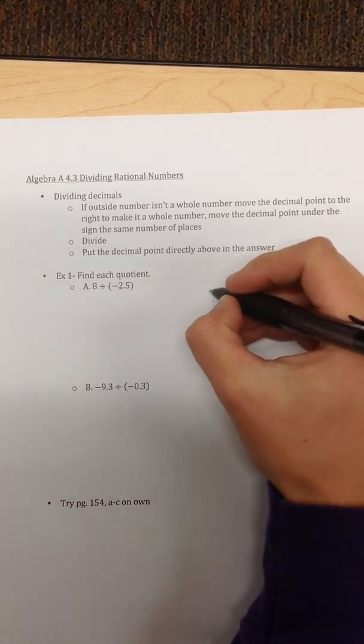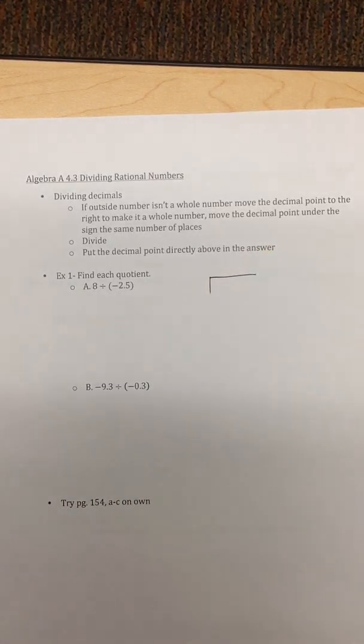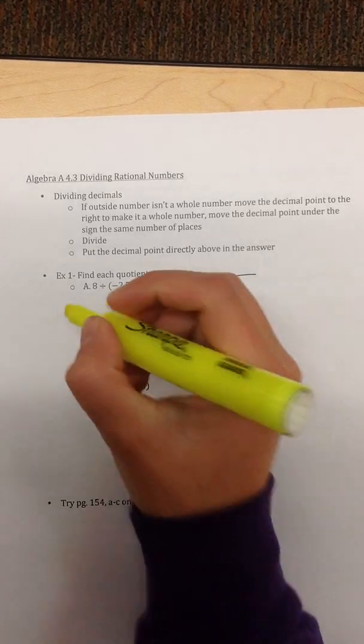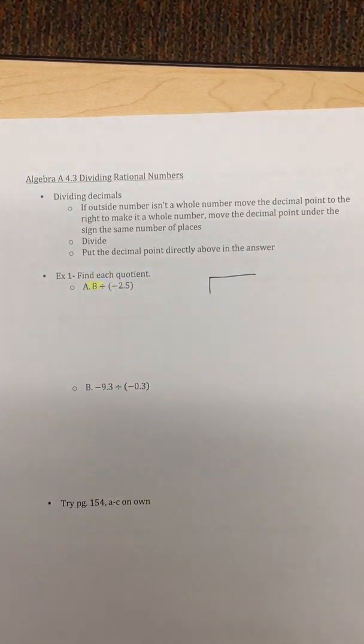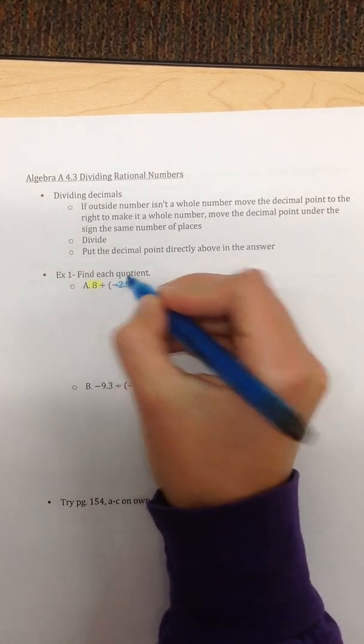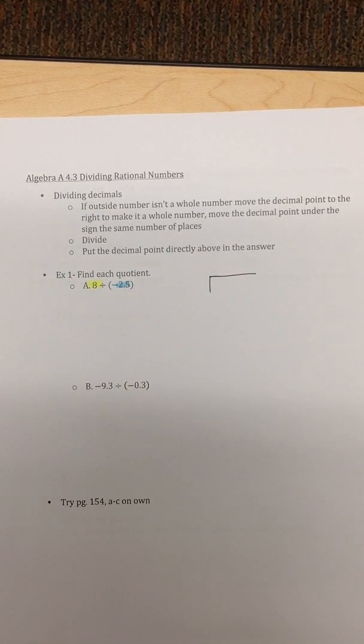So we're going to do long division. We do our division sign like that, with our two numbers, 8 and 2.5. Just like when we did multiplying, I'm going to ignore the negatives for now and deal with those at the end.